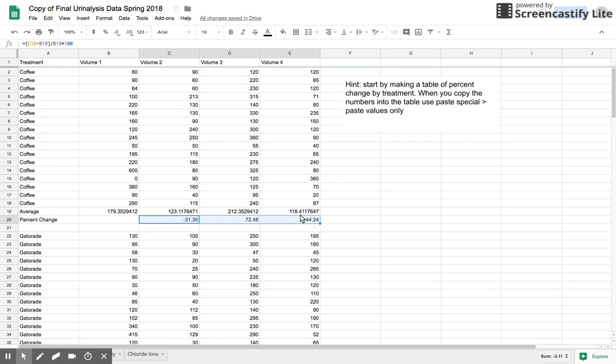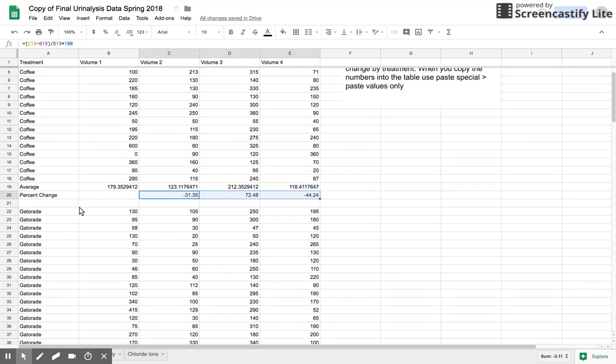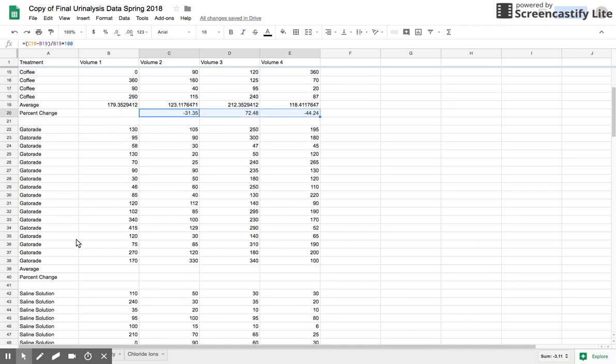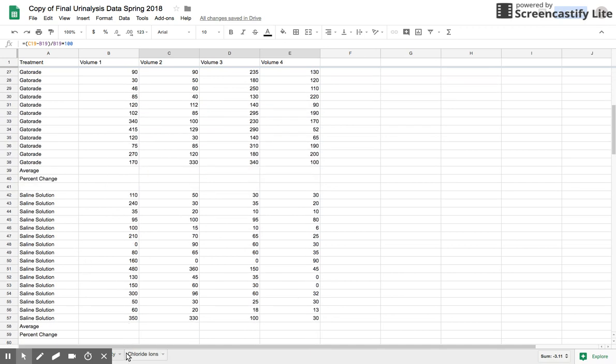Yeah, that makes sense. It's a little bit less than half lower. So we've done our formula, and then we've estimated what the actual values would be so we can check our work. And then you just have to do that same thing for coffee, Gatorade, and saline.